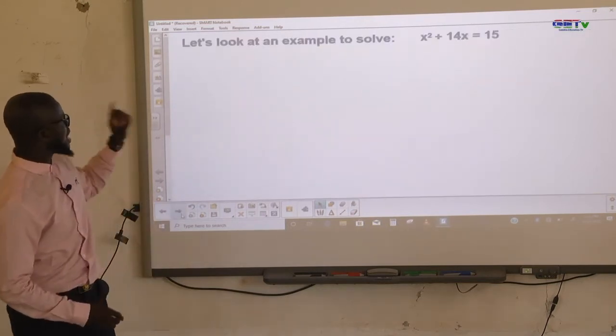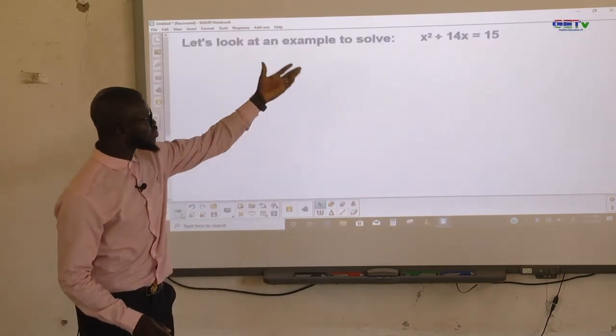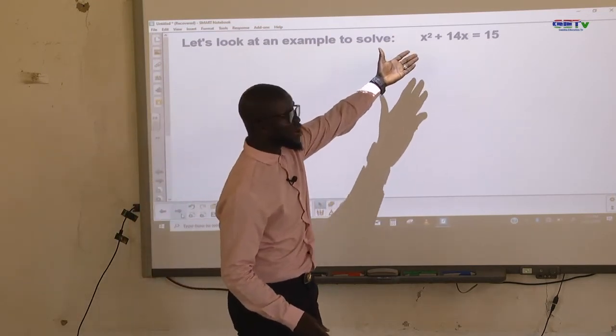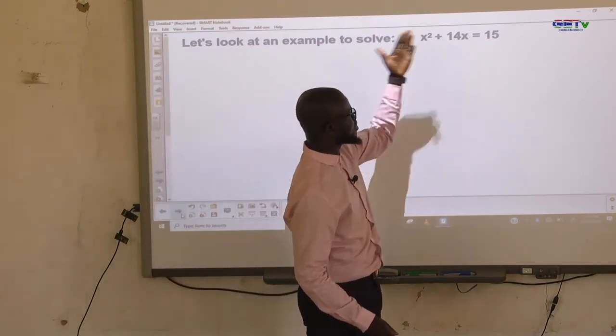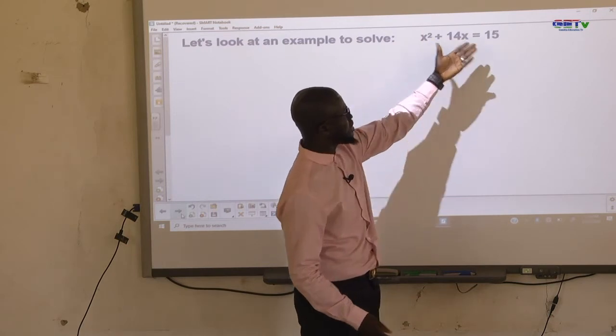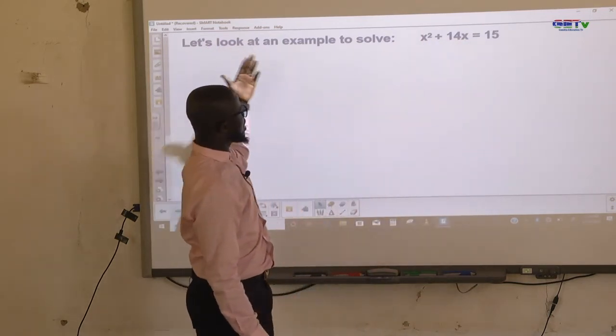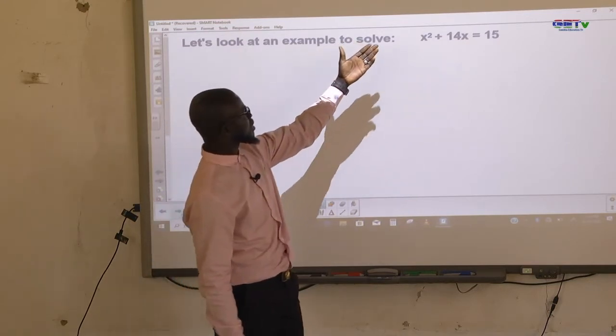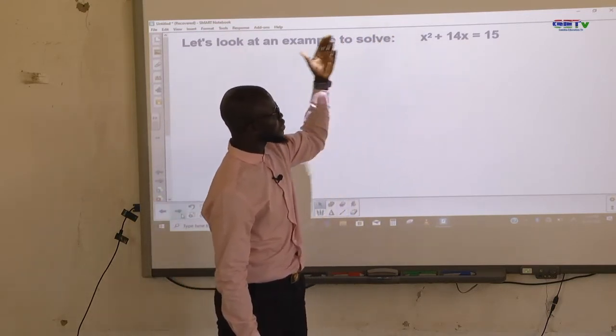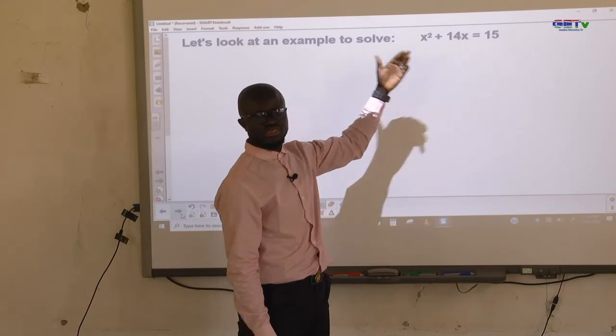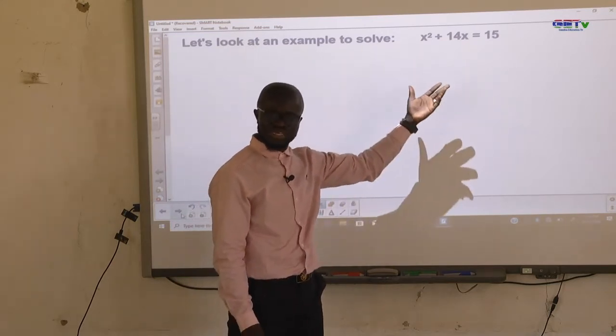So we have, let's look at an example to solve. And the question given on the board is x squared plus 14x equals 15. I repeat the question. We are asked to solve x squared plus 14x equals 15.